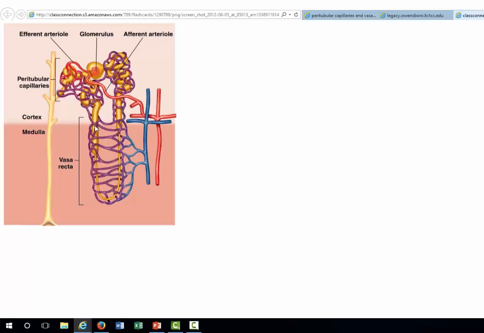And then you'll see this special kind of net-like structure of the vasa recta. Again, part of the vascular system, leading into the venous portion of the vascular supply to the kidney. So this is the vasa recta down low in the medulla, and the peritubular capillaries wrapping around the upper portion of the nephron out in the cortex.